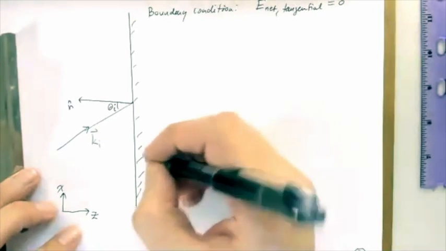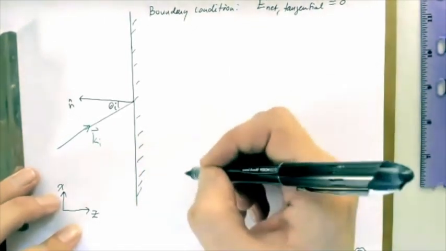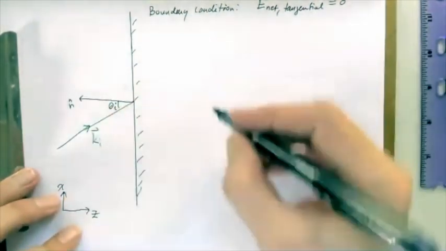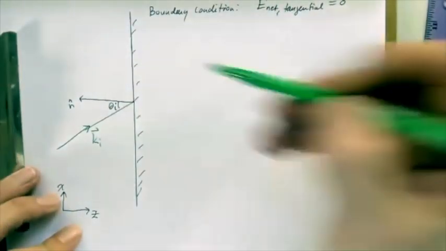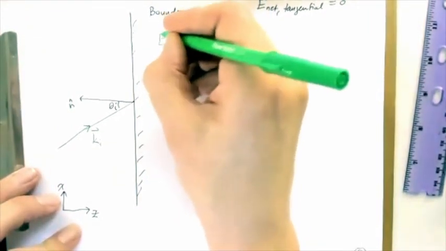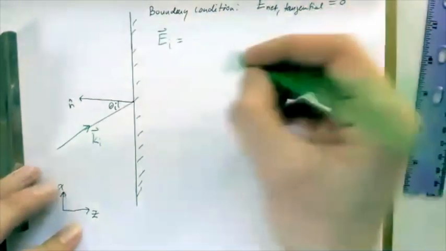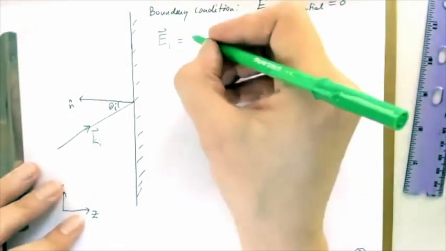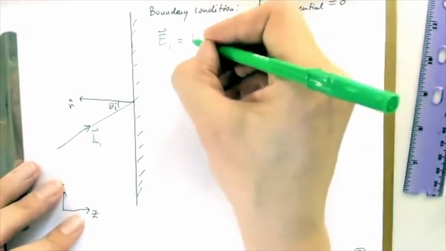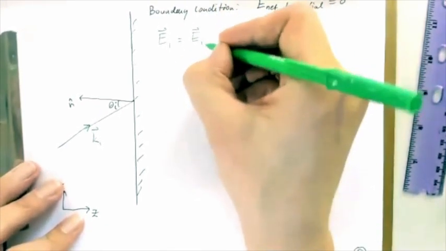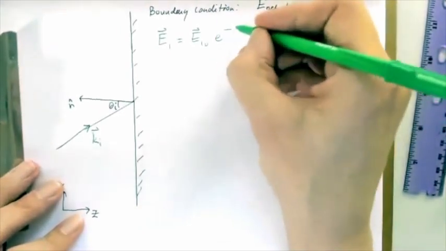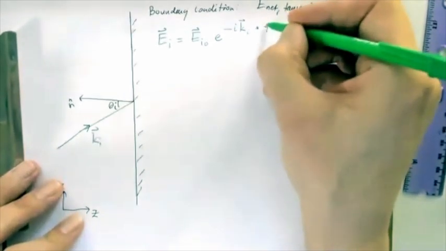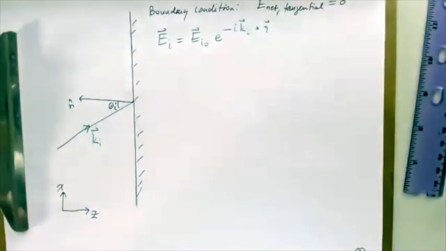And the electric field is pointing in a direction that is perpendicular to this. So the incident field, we'll just write it in phasor form, because that's the only way to remain somewhat sane. We'll just keep it general. We'll say E_I e to the power minus j k_I dotted with the position vector.